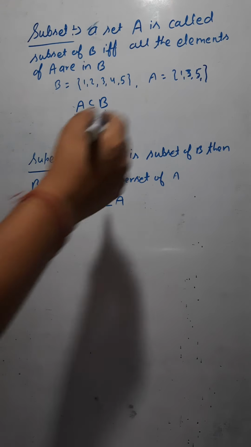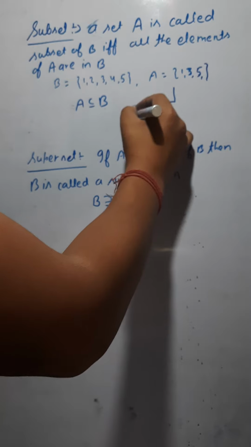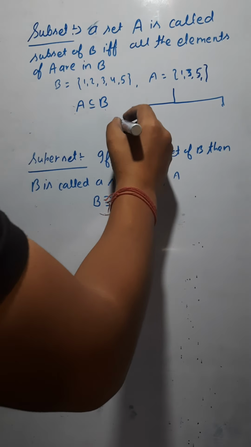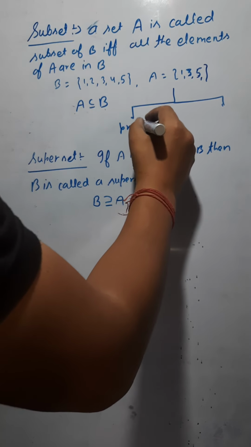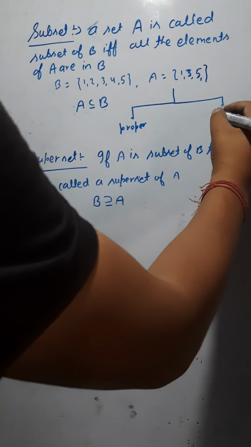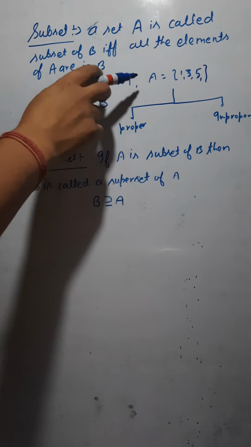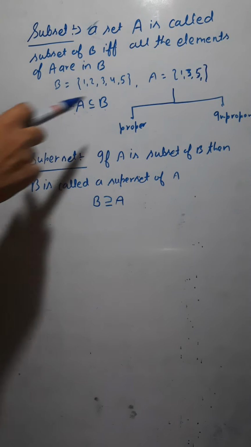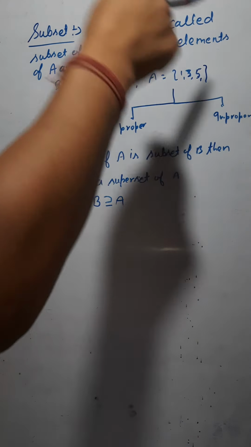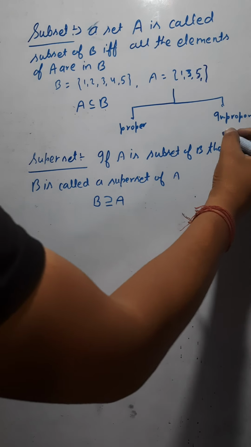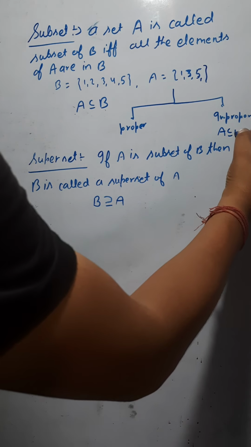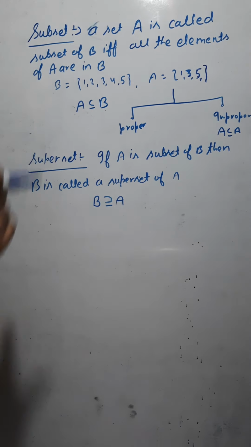Now sometimes we have two types of subset. One is known as proper subset, and another is known as improper subset. A is a subset of itself also, because all the elements are there in A itself.